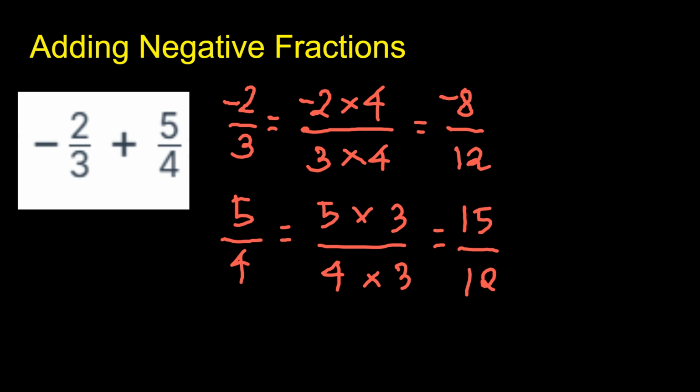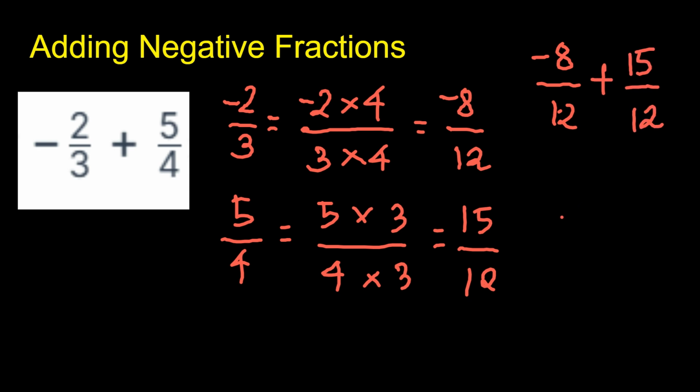Now we can actually add them together. So you have negative 8 over 12 plus 15 over 12. That's the goal.